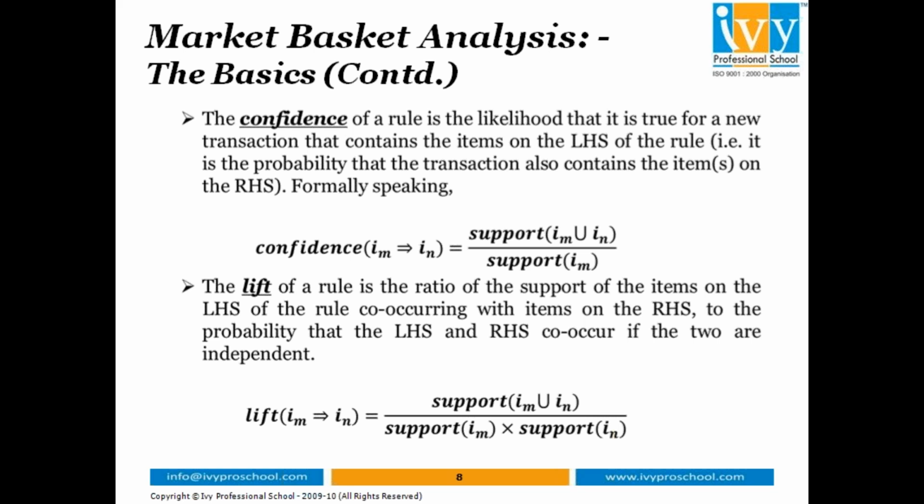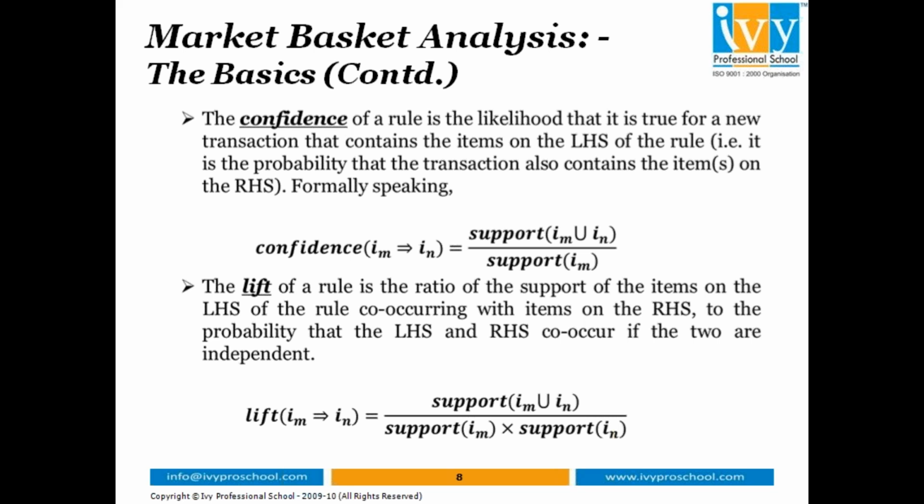Suppose I buy a pair of shoes and I can predict that I'm going to buy a pair of socks with a probability of 0.6, a confidence of 0.6. Suppose the moment I reframe my statement to say I have bought a pair of shoes and shoelaces, the probability with which I guess the next product will be socks increases to 0.8.